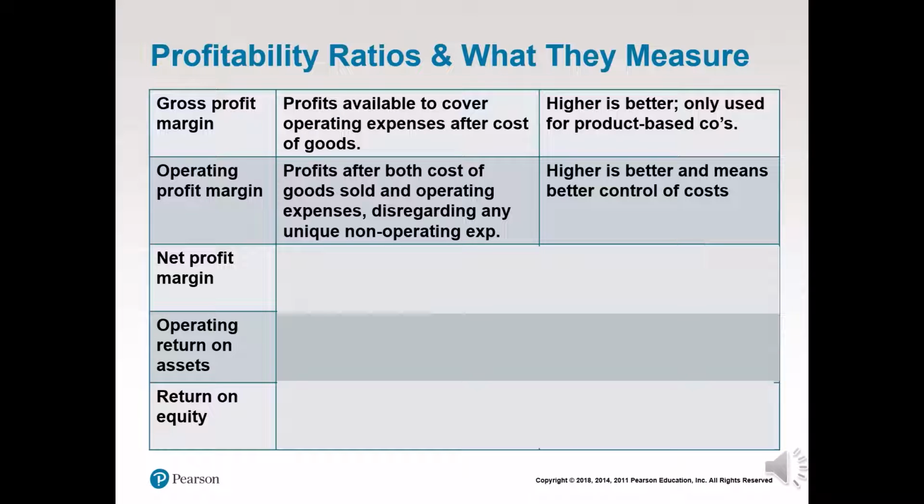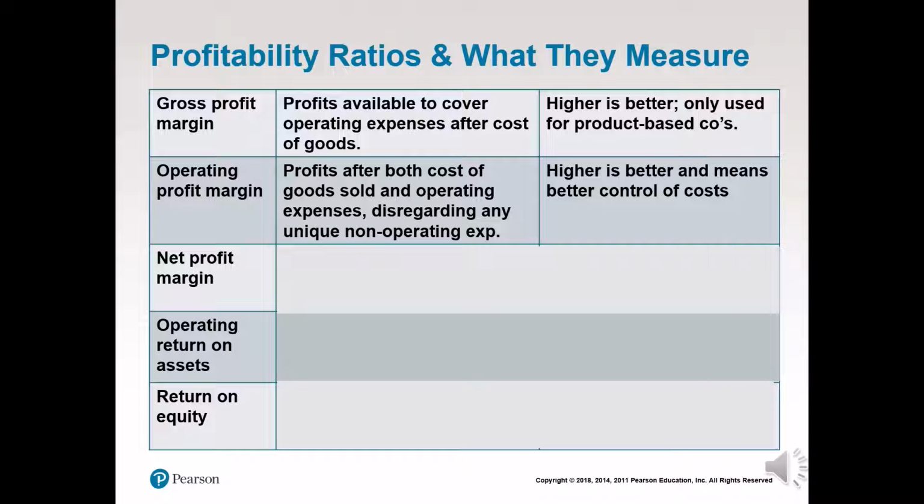All companies will track an operating profit margin number. Operating profit is your sales minus your cost of goods sold minus all of your operating expenses. It's a really useful number, again, because it disregards very unique non-operating expenses that one company may have that is not typical, but other companies do not have.